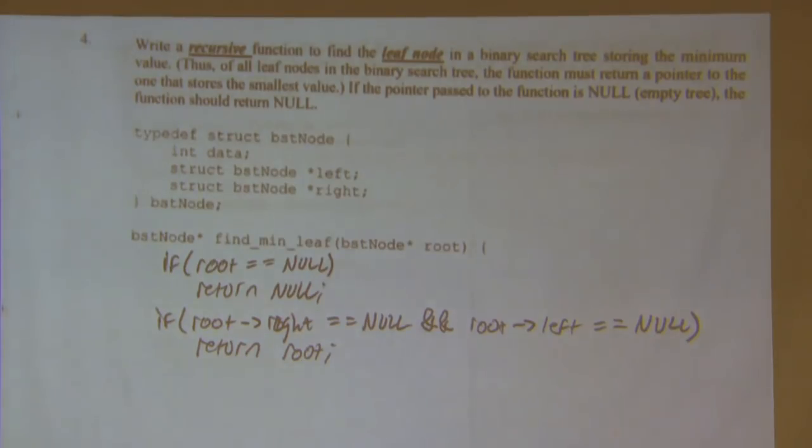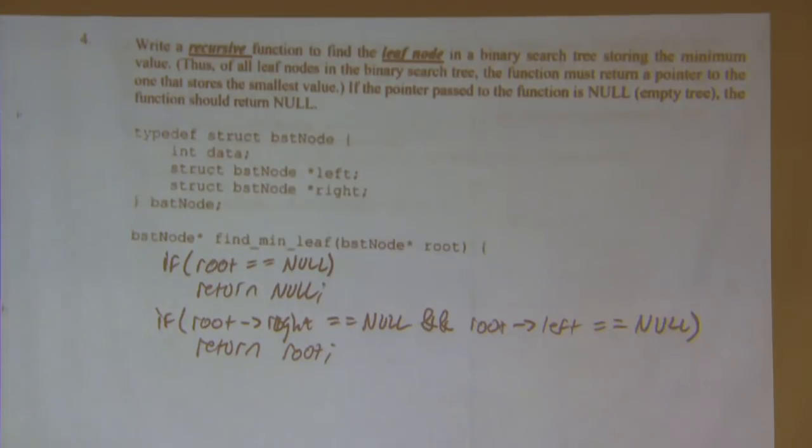And now we need to think about how we're going to recursively move through this function, right? So we're looking for leaf nodes, and we're looking for the minimum value stored in a leaf node, right? So with binary search trees, the smaller values are to the left. So we probably want to prioritize moving to the left, right? And then only move to the right if we need to.